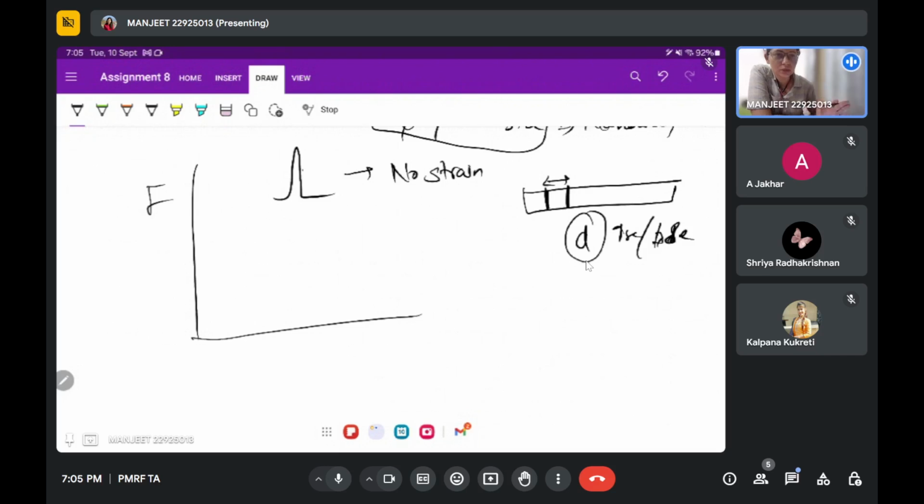In uniform strain, the whole diffraction pattern shifts together. It is not that it decreases here and increases there. It is uniform everywhere, so either it all decreases or it all increases.